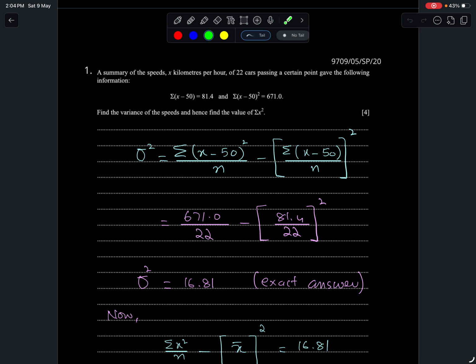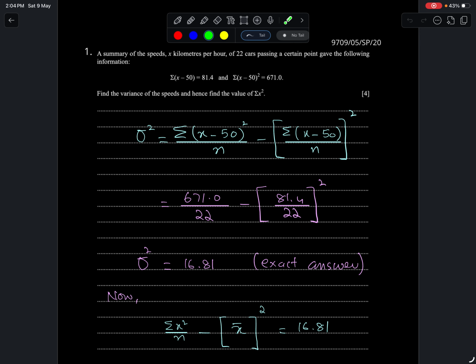Alright, so we have sigma x minus 50 square, and we need sigma x square. So this is the formula of variance I just told you, and just substitute the values. So this result is 671.0, n is 22, and this is sigma square, right?